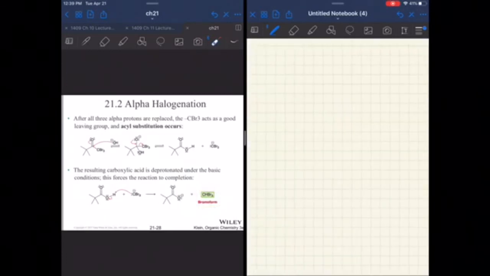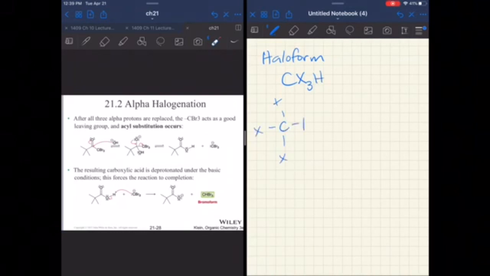Haloform, and this is something you should know. A haloform is CX3H, right? So it's a carbon with 3 X's and a hydrogen. So chloroform is the chlorine derivative of this. Bromoform is the CHBr3, right?